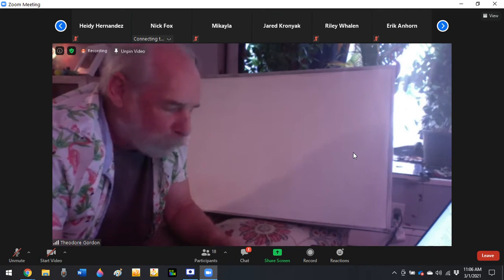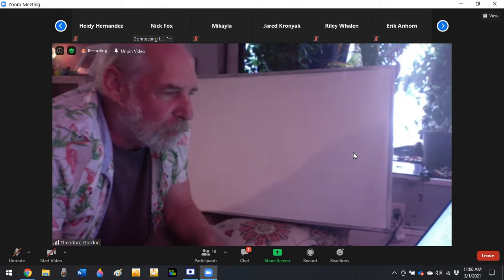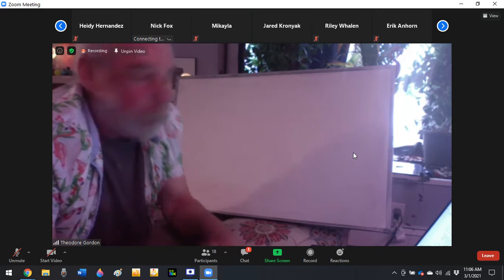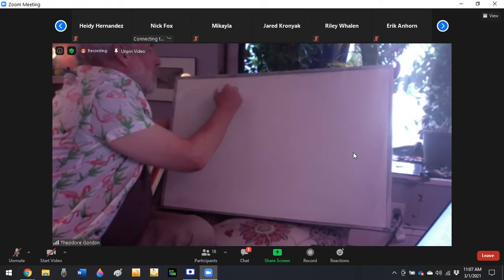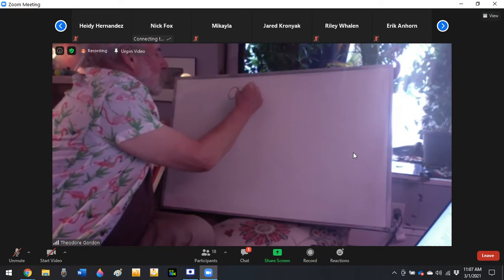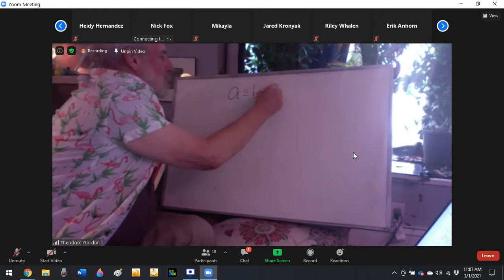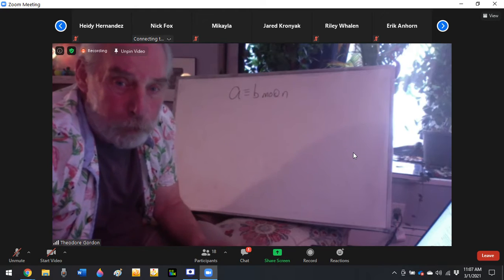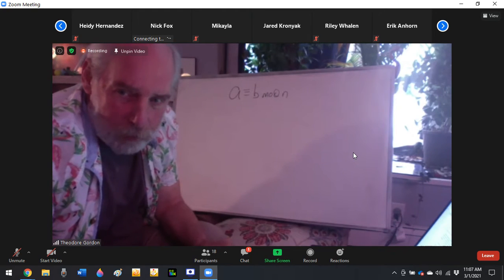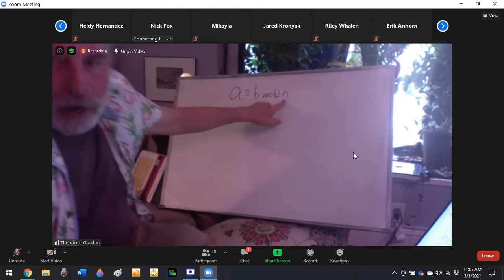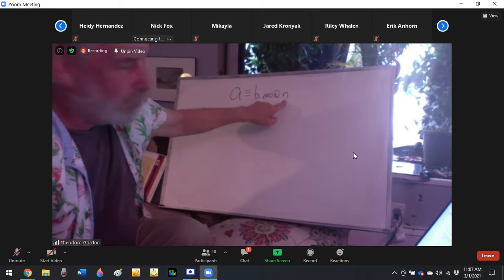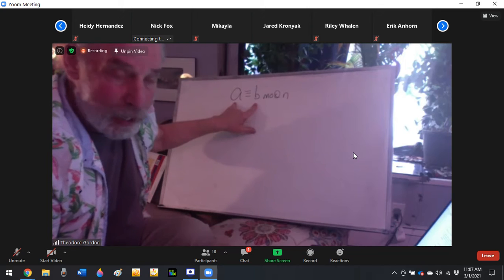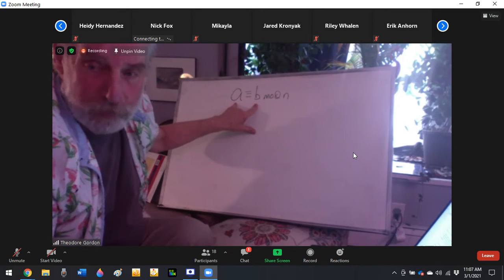So we're working on this modular arithmetic stuff, which in essence is pretty simple. If A is congruent to B mod N, everything in modular arithmetic is whole numbers, all integers, except N has to be bigger than 1. So N has to be 2, 3, 4, 5, 6, 7, and so on. A and B can be any integers, positive, negative, or 0.